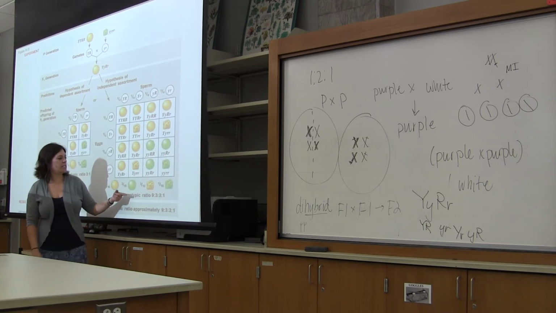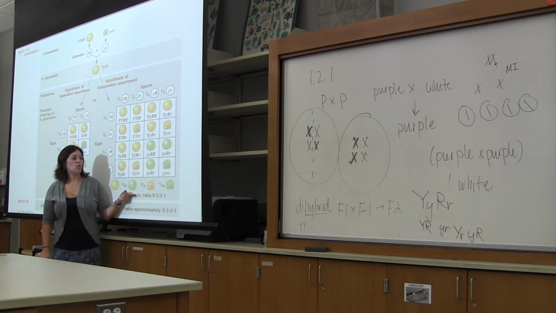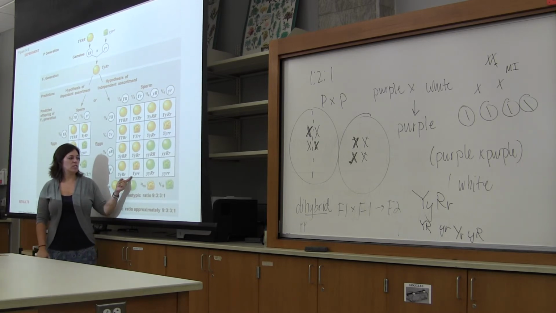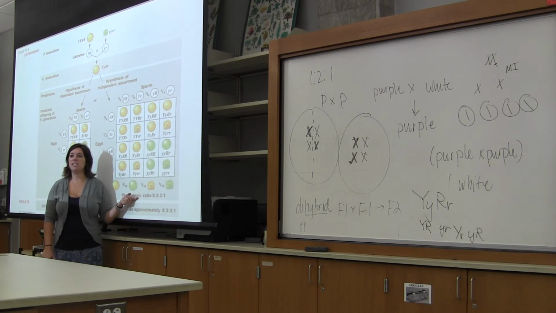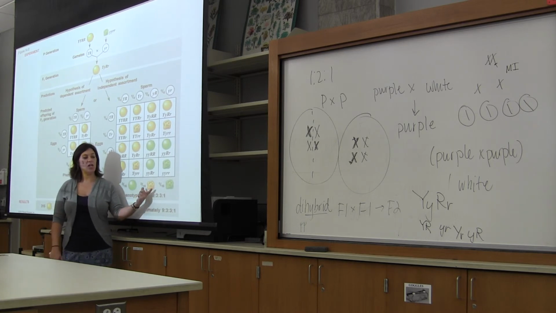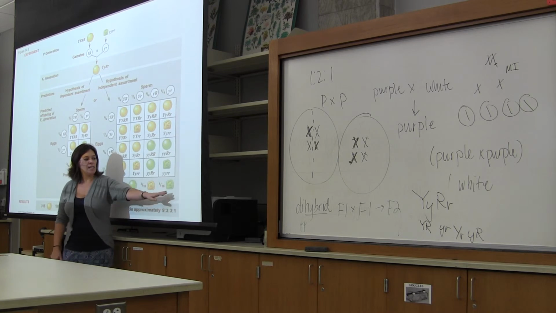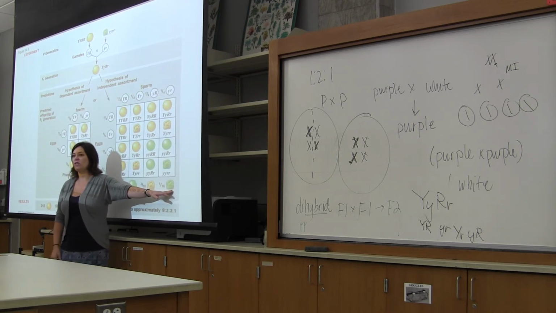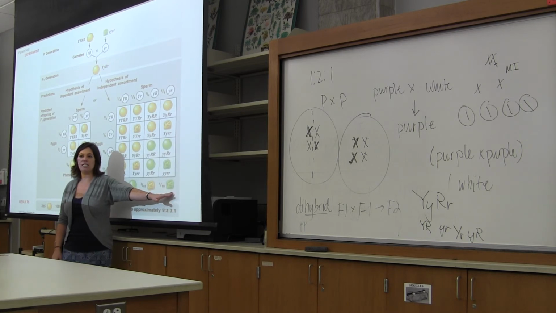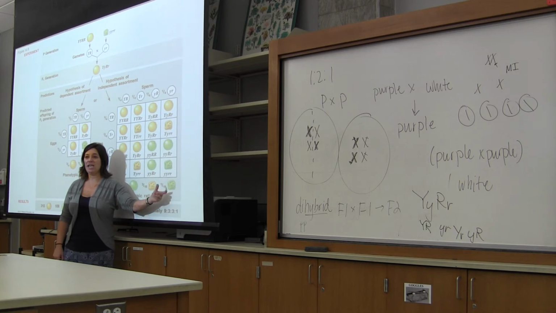So in this case, it's going to show the dominant seed shape, but it's going to show the recessive seed color. And this guy is going to show the dominant color, but the recessive seed trait. And then the last guy, the 1 out of 16, he's going to be the double recessive. So he's going to be homozygous recessive for both traits, meaning he's going to be green and he's going to be wrinkled.